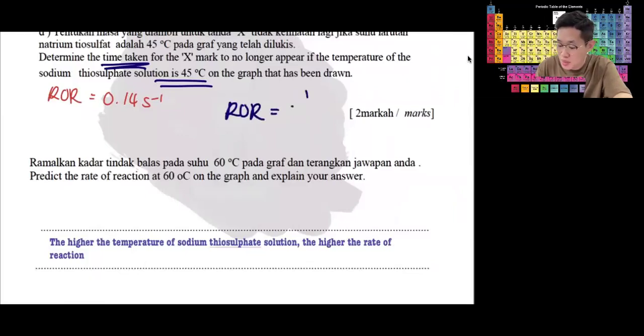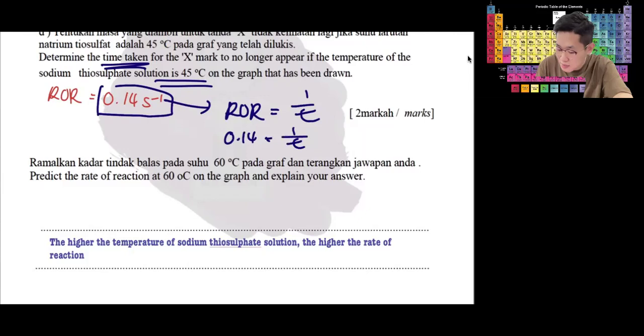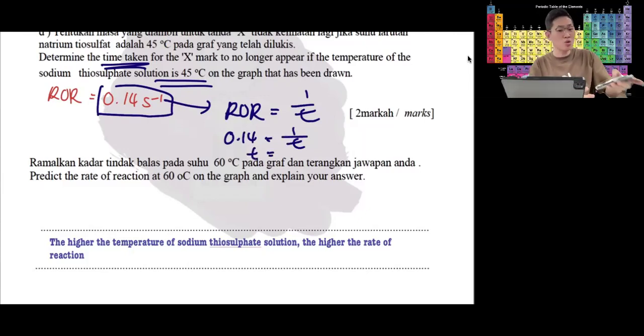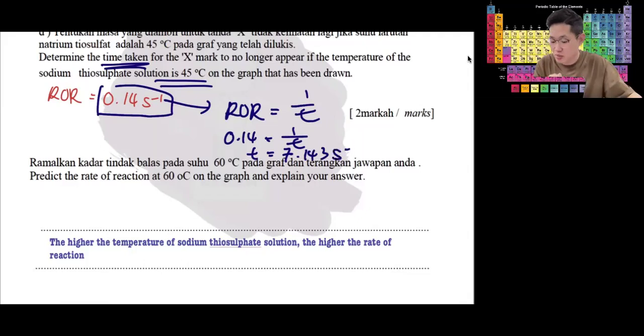Rate of reaction is equal to 1 over T. I sub it in. 0.14 equals 1 over T. My T will be equal to, let me press my calculator, 7.143. The unit is s, because it's time. Oh, time is 2 decimal places. If it is time, then 2 decimal places. 7.14 second.